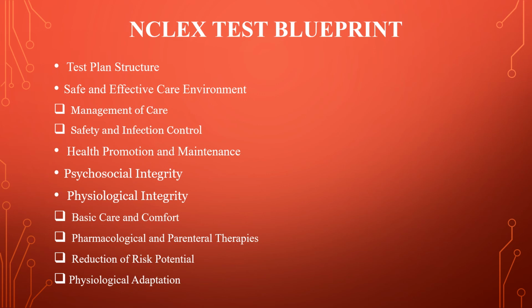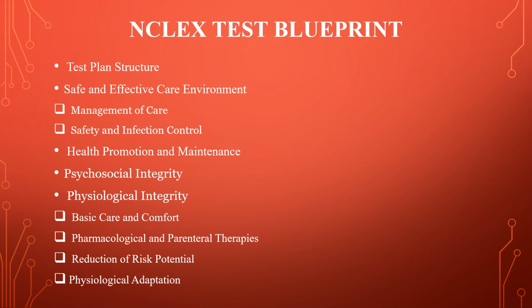The content of the NCLEX-RN test plan is organized into 4 major client needs categories. 2 of the 4 categories are subdivided into subcategories, which I will cover. One of the main categories is safe and effective care environment. Its subcategories are management of care and safety and infection control.